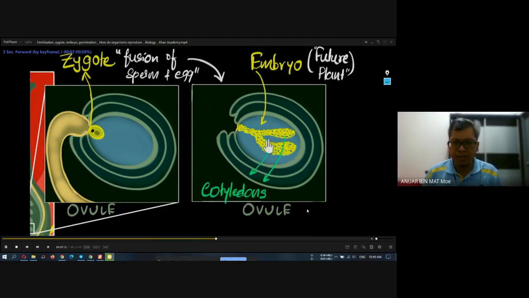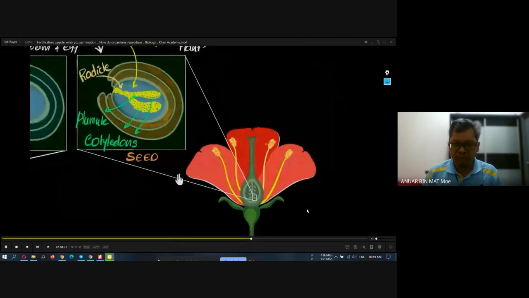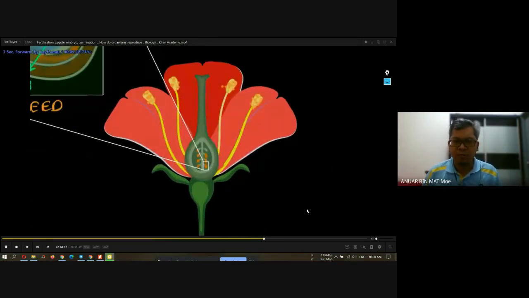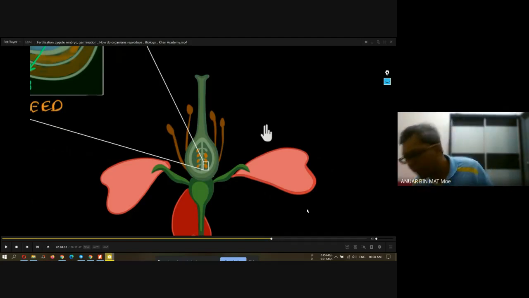The rest of it, I just want to show you the animation only. After zygote, it will become embryo. And after embryo, it will become seed. What happened to the sepal and the petals?